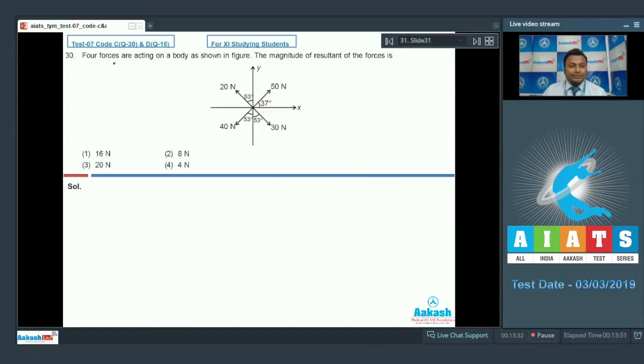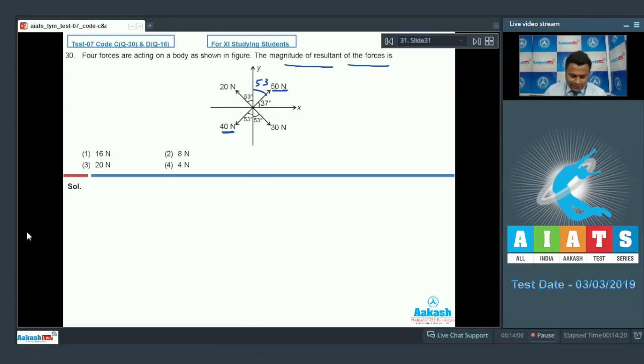Here is our question number 30. Four forces are acting on a body as shown in figure. What will be the magnitude of the resultant of the forces? Now we have to calculate the resultant force. After looking at the diagram, 50 Newton and 40 Newton are exactly opposite. With angles 37 and 53, the angles are equal, so they are exactly opposite.